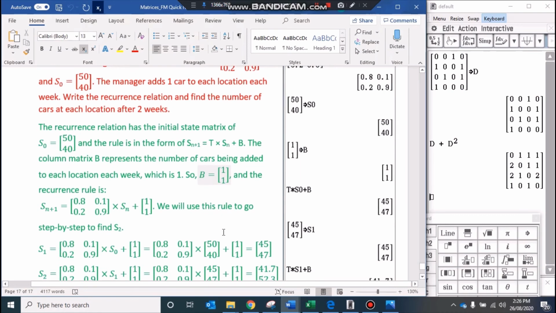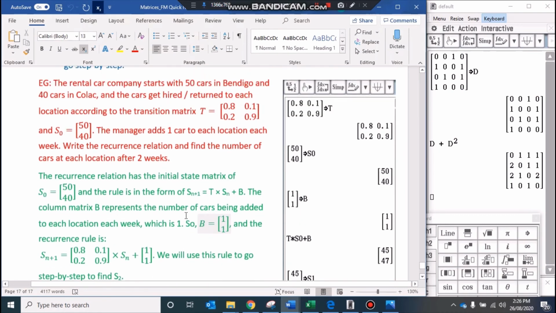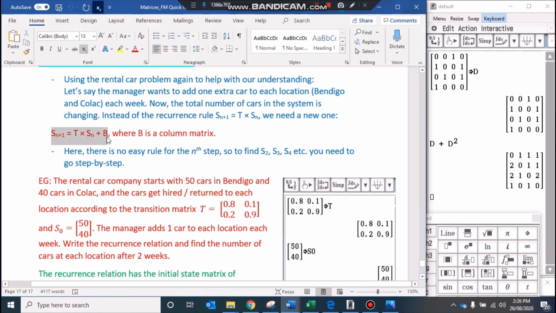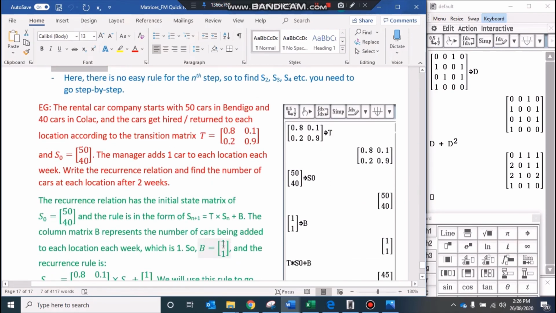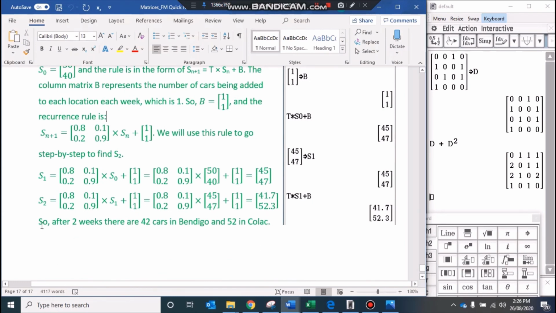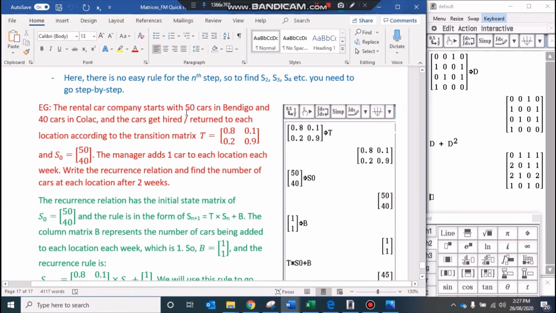So every week, or every iteration of this rule, they were adding 2 cars into the system, such that after 2 weeks, there were 42 plus 52, 94 cars in the system when they only started with 50 cars.